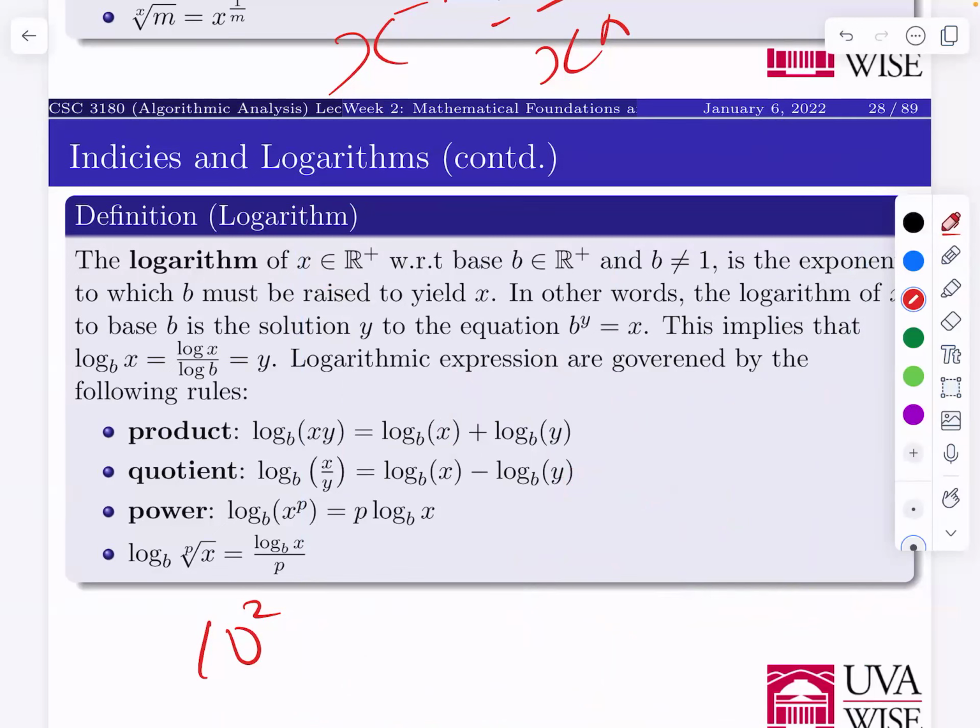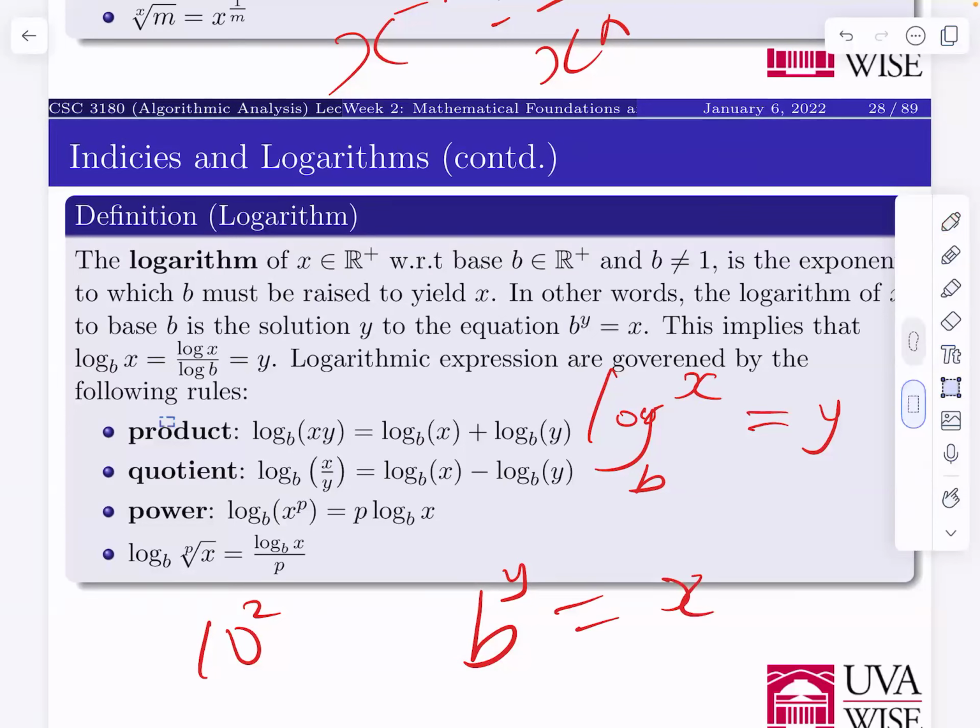Now, your base can never be equal to 1. Okay? The log of a number x base b, suppose that log is, let's call it y. Then the base raised to the power y will give you the number. Let me use another notation for that so I can get it easily.